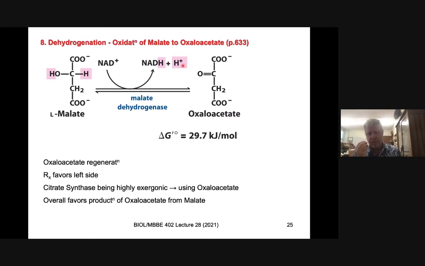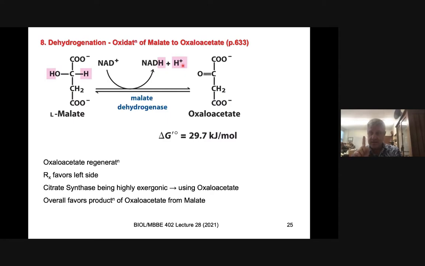The overall process of producing oxaloacetate from malate is favored because we need that to be balanced to the incoming acetyl-CoA coming from the pyruvate dehydrogenase complex. Without that continual balance of oxaloacetate and acetyl-CoA coming in, we are not going to produce citrate, and therefore we're going to put a hold on the TCA cycle.